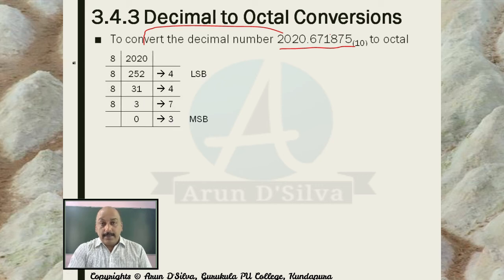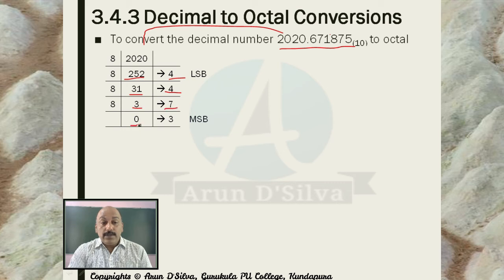This is the way. I'm dividing 220 by 8, I get 27 as the quotient and 4 as the remainder. Again I divide by 8 and get 3 quotient, 7 remainder.